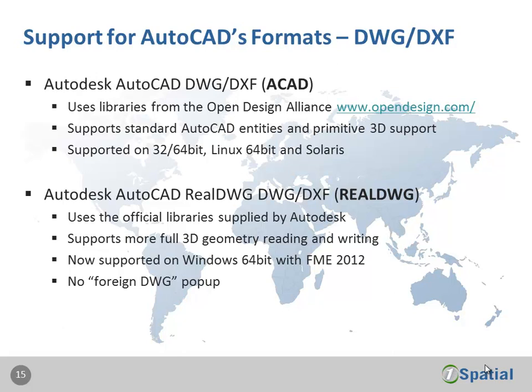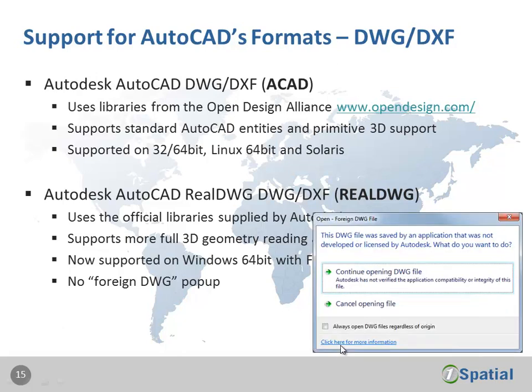The main thing though that this writer gives you is that when you write data using this process in FME, a recipient of the drawing file you create won't get this foreign DWG pop-up anymore when they open it up.